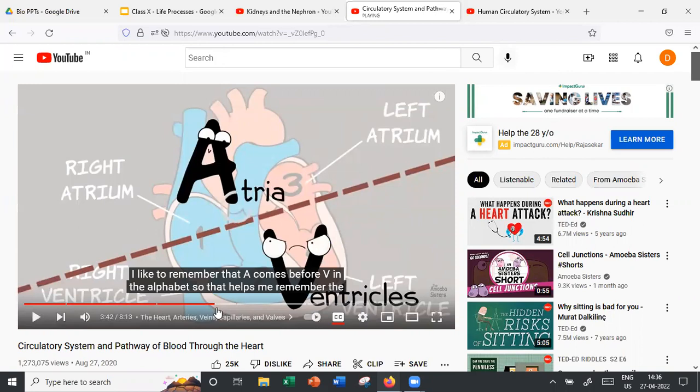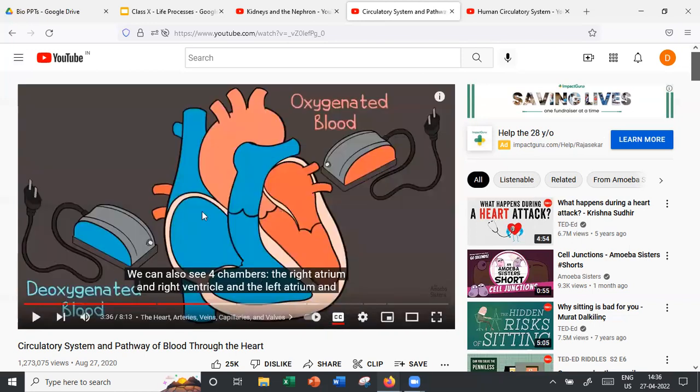Right. So whenever you see diagrams like this anywhere, usually they'll show you the deoxygenated part in blue and the oxygenated part in red. This is just for your understanding, so that when we are studying the structures or anatomy, we know that deoxygenated would be here. For that reason, it is red and blue.